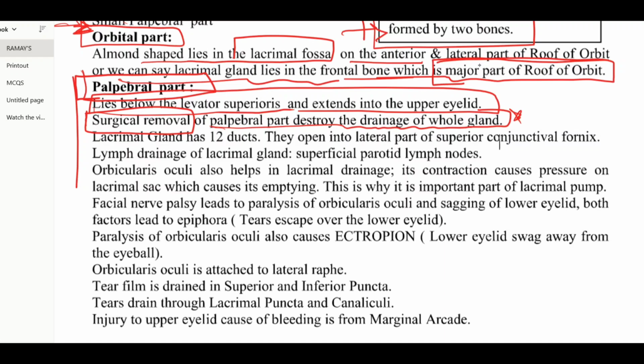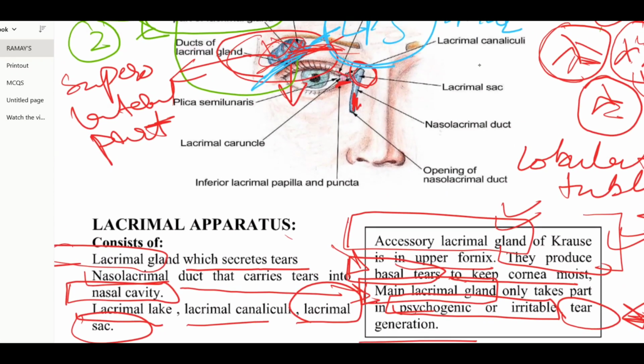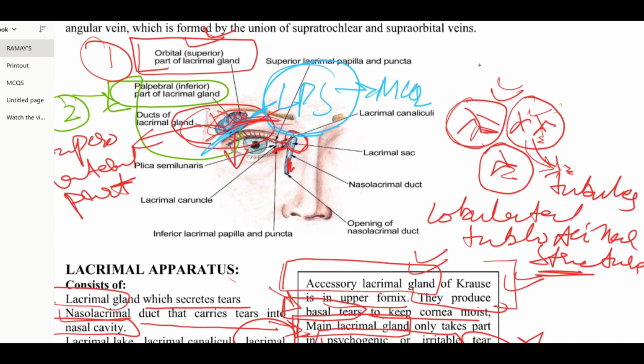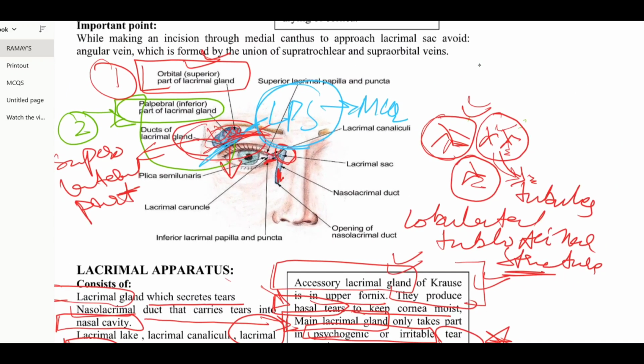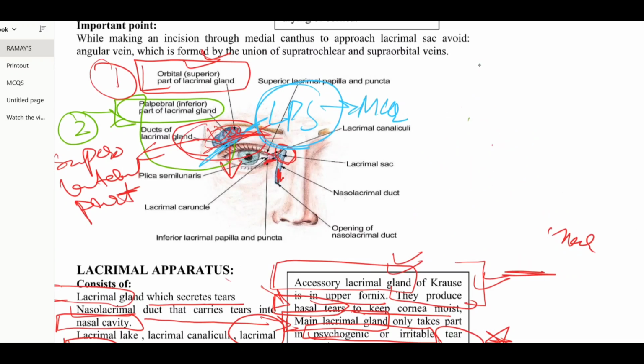If we see the structure of the lacrimal gland, look here, the upper one is the larger orbital part.